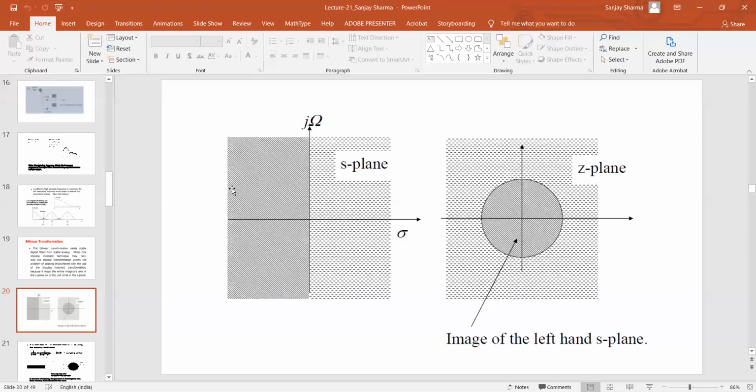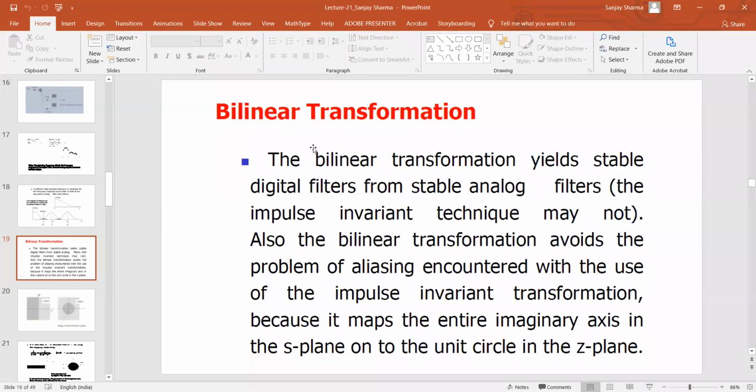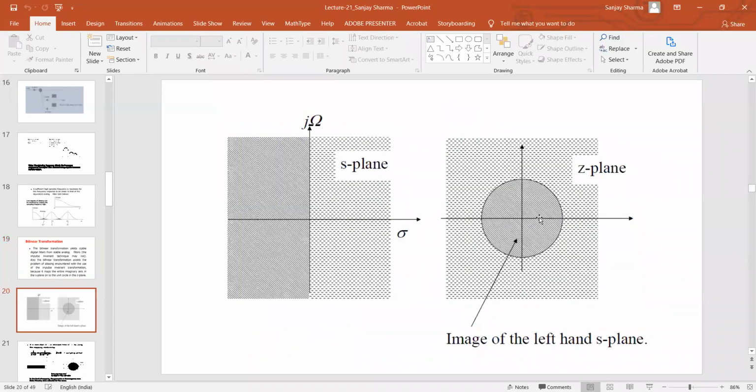The left side of the S plane, that means left side of the j capital omega axis, will go inside the unit circle, right? And therefore, that's why we say that the bilinear transformation always yields stable filters, whereas the impulse invariant method may not, because when the strips are being mapped inside the unit circle, there can be a problem that the poles can go outside the unit circle, because some portion of the left side of the S plane is being cut into strips.